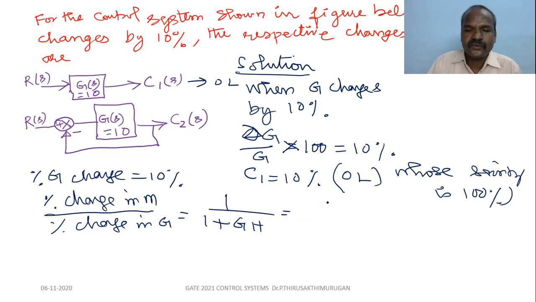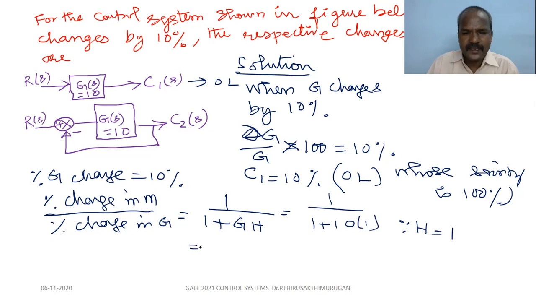If you substitute 10 here, keeping a unity feedback control system, so H equals 1, we get 1 by 11, which is almost equal to 1%.